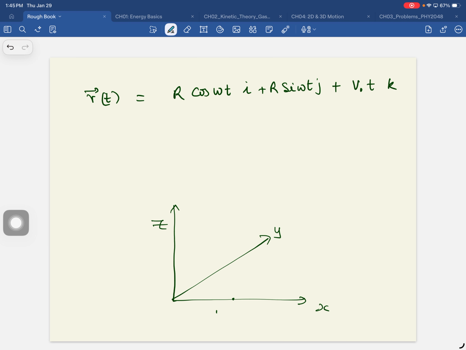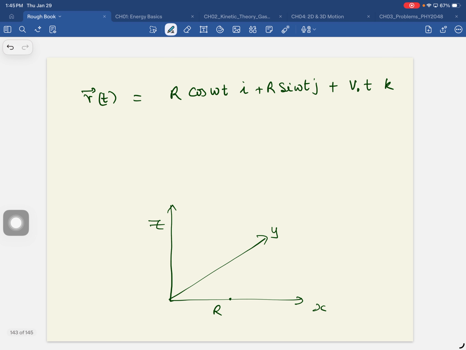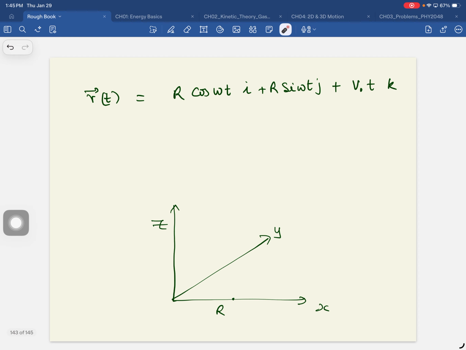And dy by dt is cosine omega t, and the derivative of cosine omega t is minus sine omega t. We'll come to that in a second.